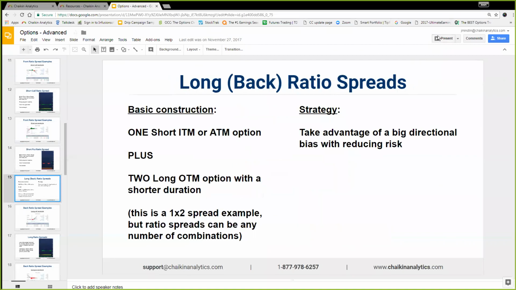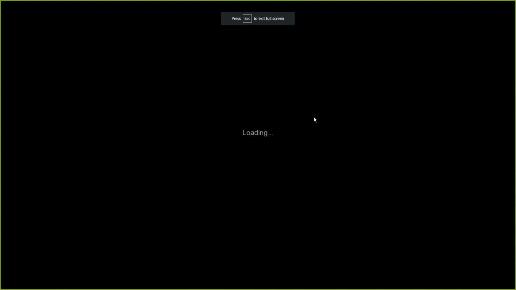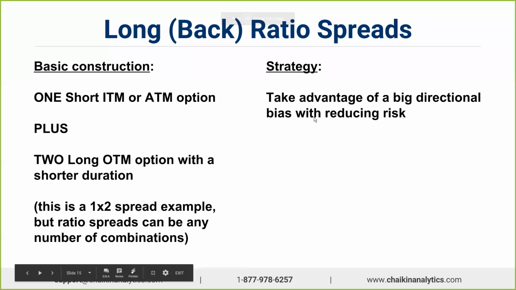In their case, they are selling one at the money and buying two out of the money. This is to take advantage of a big directional move with very little risk. This is a strategy that can be pretty good for playing earnings, right?